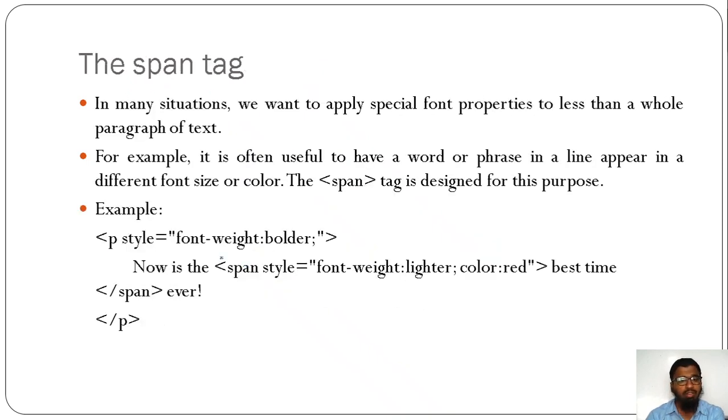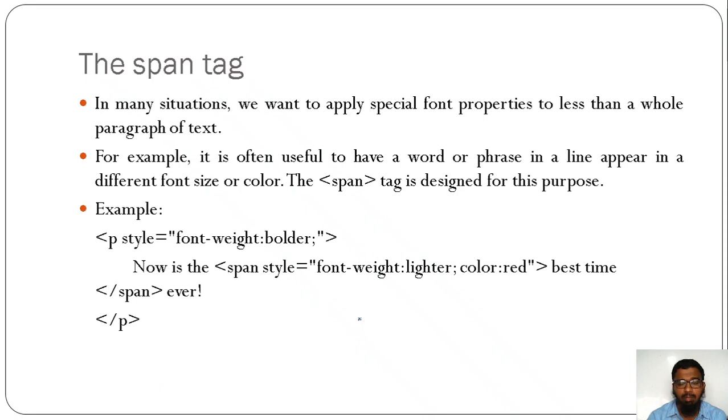Next, the span tag. The span tag is very important, and most of the time it will be used. What is the span tag? In many situations we want to apply specific font properties to less than a whole paragraph or text.